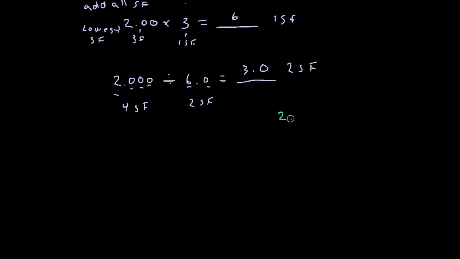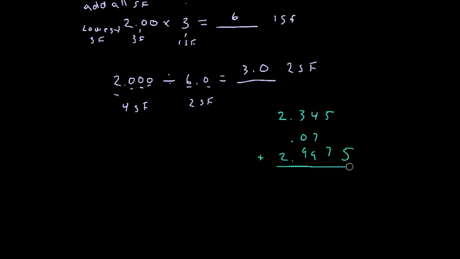So let's say 2.345, and let's say we're adding 0.7, and let's say we're also adding 2.9975.